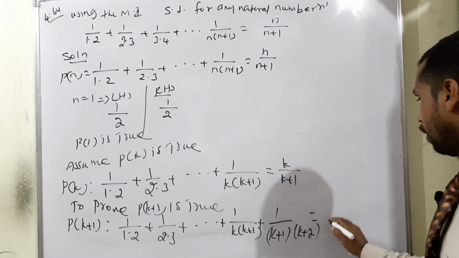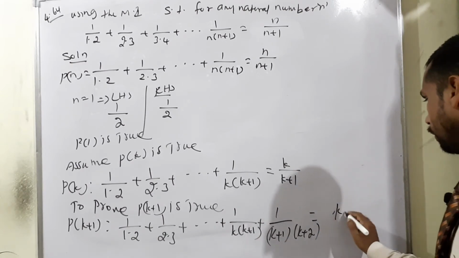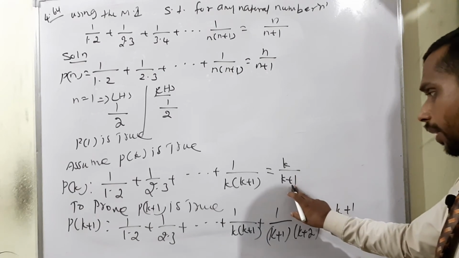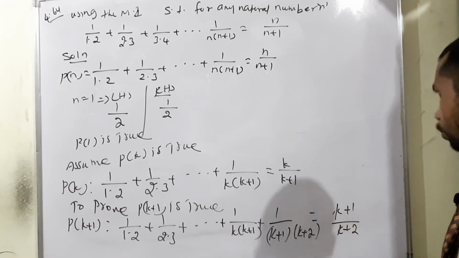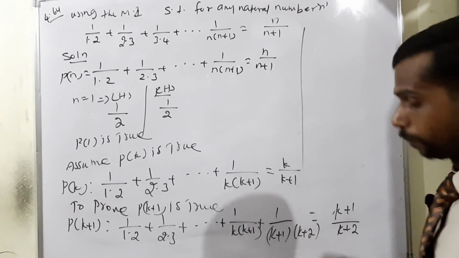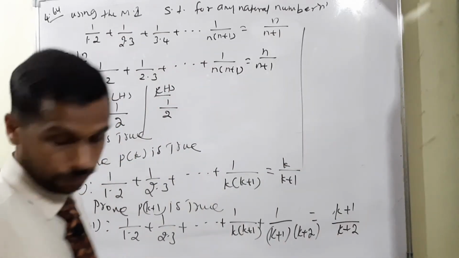This is equal to, on the opposite side, k plus 1 divided by k plus 2, because the denominator already has plus 1, so k plus 2 will come. Now we have to prove LHS. What is the value of LHS?